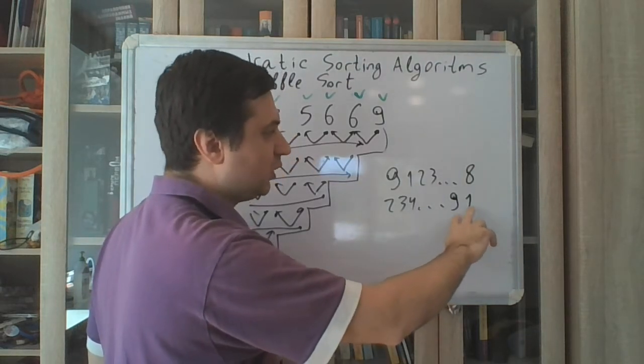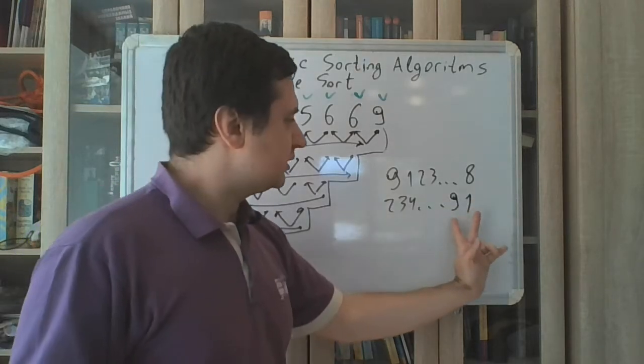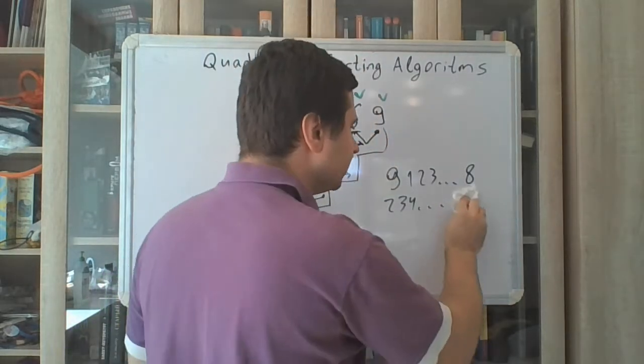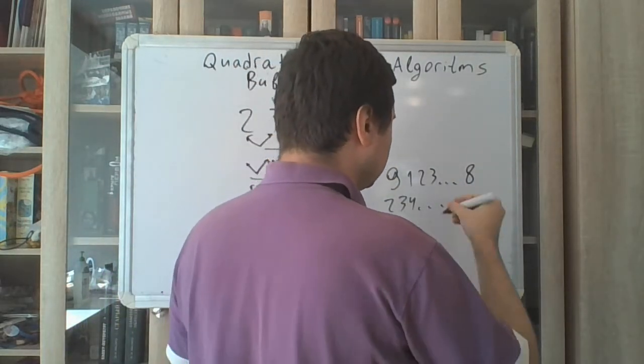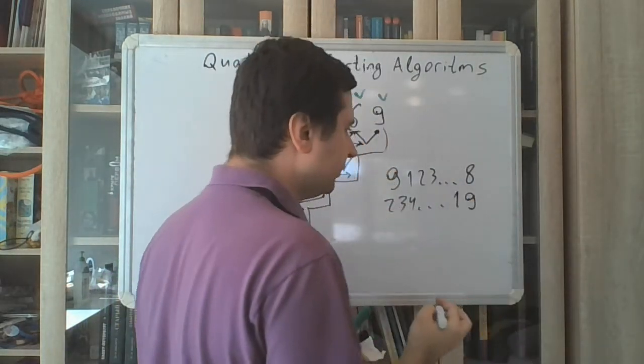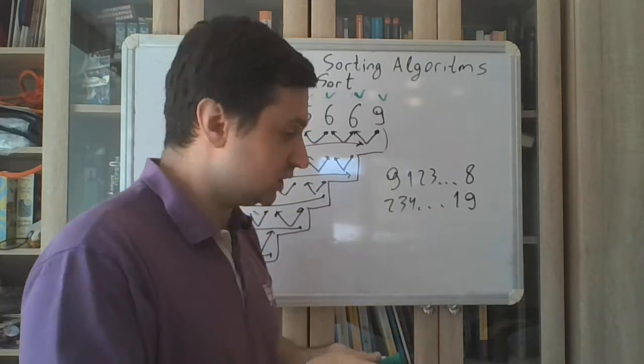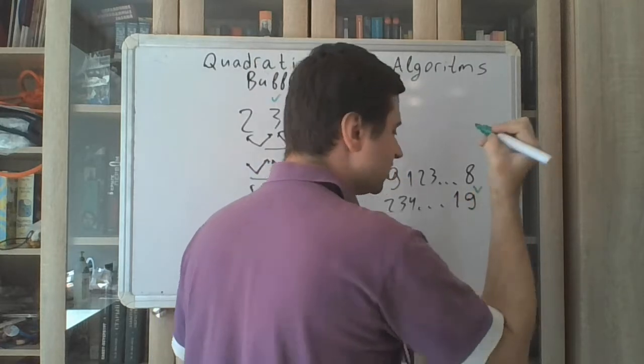Finally, and only in the end, it will swap a 9 and a 1. So the long for loop, the linear for loop, did only one swap. Well, it actually put the maximum into its perfect position.